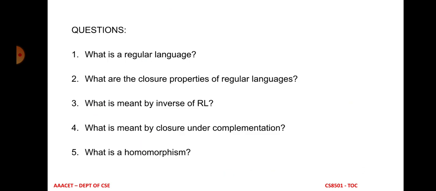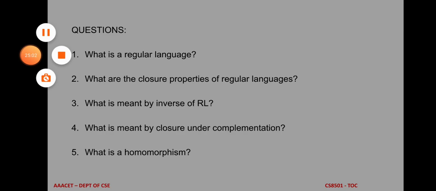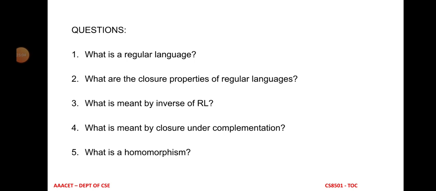So there are several closure properties. Each and every property has its own definition, theorem and proof. In the examination they may ask a 13 mark question: explain in detail about the closure properties of regular languages. So you have to write what it means for a set to be closed under an operation, and write all the closure properties, each individual property with the definition, theorem and proof.